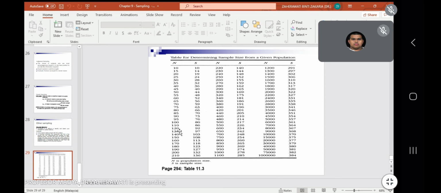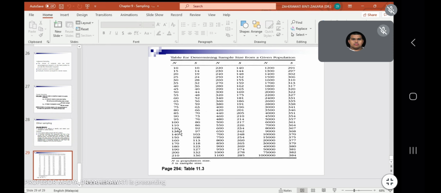But if you use Roscoe 1975, you can pick any number from 30 to 500, but you need to come up with the justification. Why is it the number that can represent the sample size, that can reflect the population? Out of 1,000, you choose only 100 because it is the middle between 30 and 500, according to Roscoe 1975. So perhaps a sample size of 100 can represent the 1,000 population in the organization.